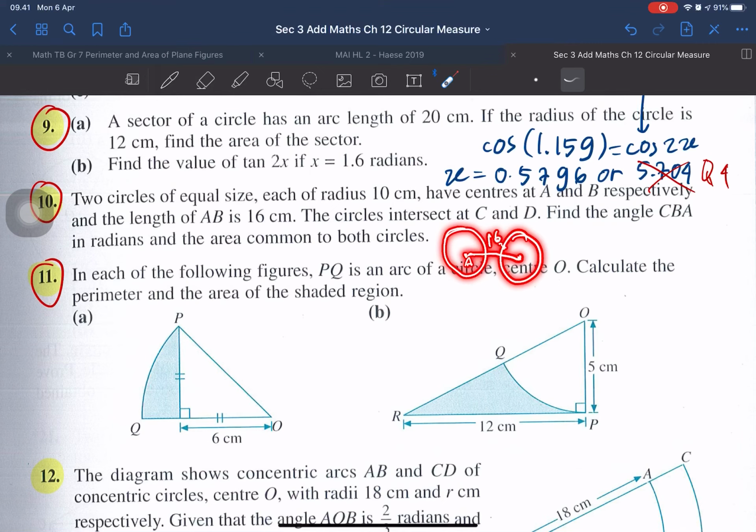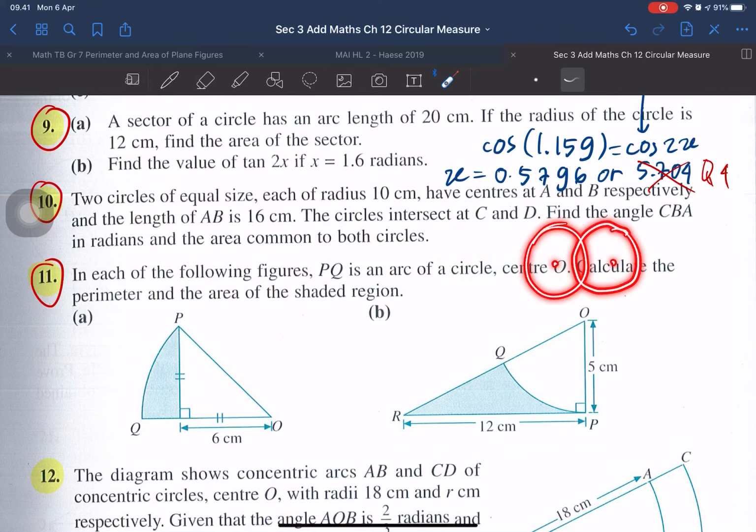That's A, that's B, and C is intersections between 2 circles, so they technically connected. A, B, C, CBA is this angle. Find it.